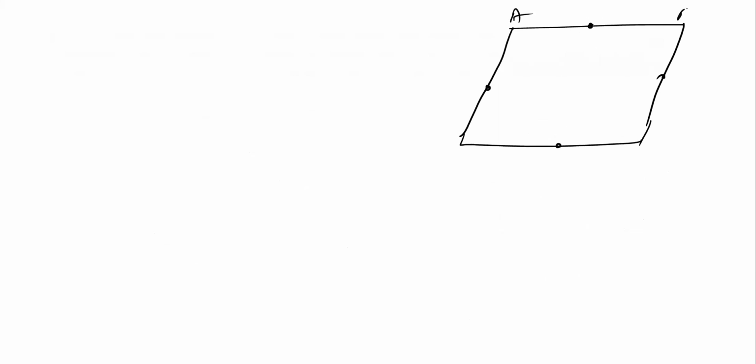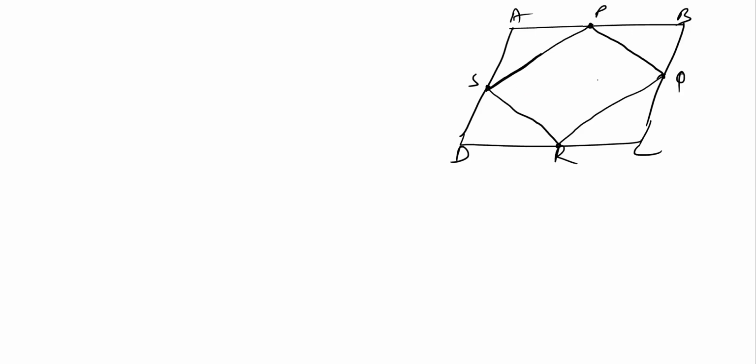This is A, B, C, D, and P, Q, R, S. Everybody understood? Now what is being given here? It is given that this is PQRS. You need to prove that PQRS is a rectangle.